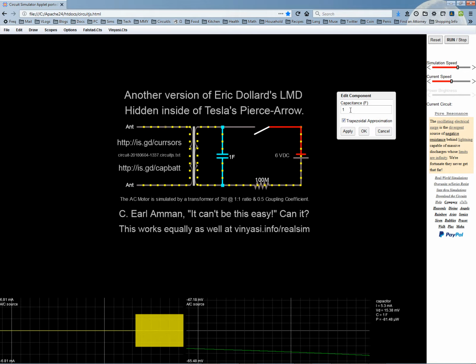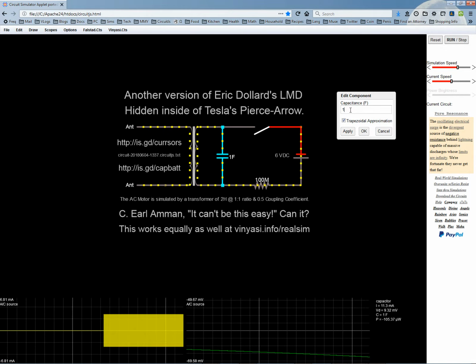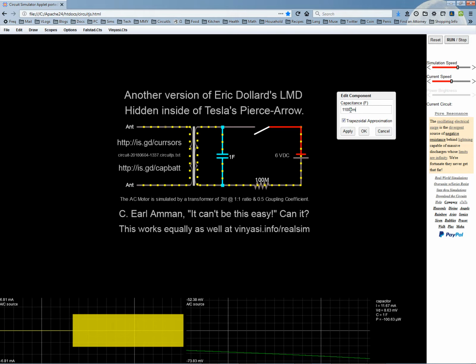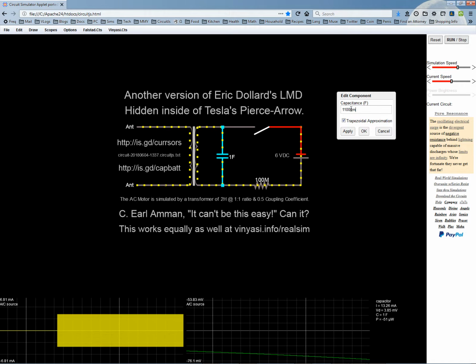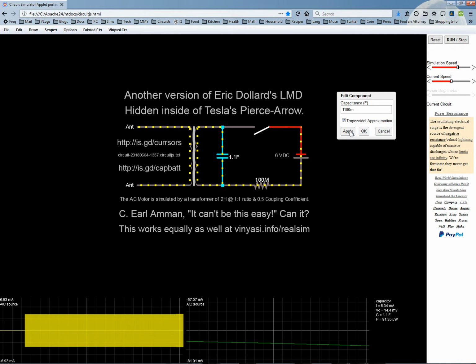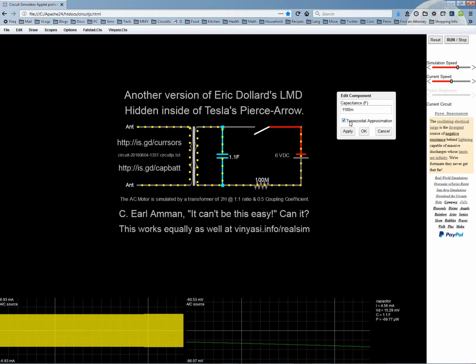Now I'm going to be very careful. And since 1 farad is equivalent to 1,000 millifarads, I'm going to take out a 0 and drop it. And actually that increased the amps. How about that?